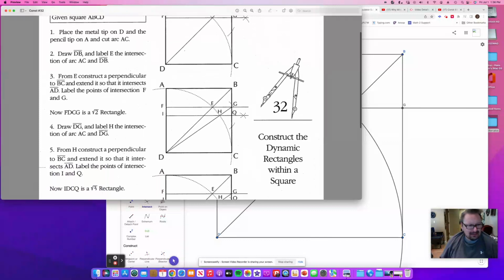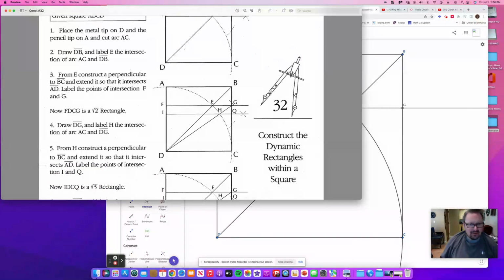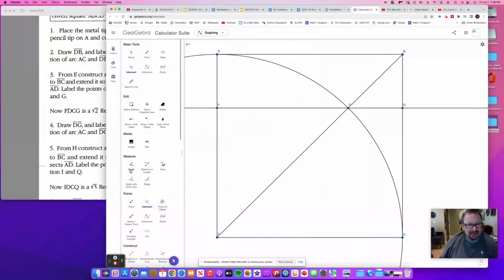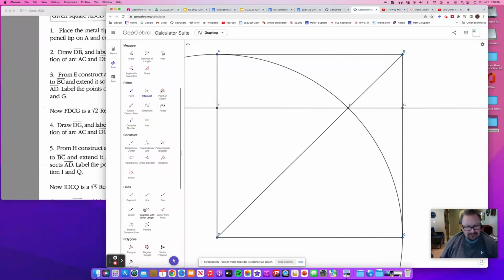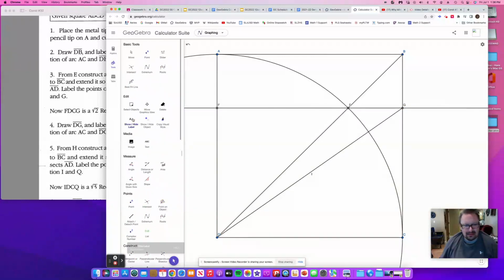My next step 4 says draw DG and then label H, the intersection of the arc and the parallel line goes through H. Okay, so segment from D to G, and again hide the label. Mark the intersection.